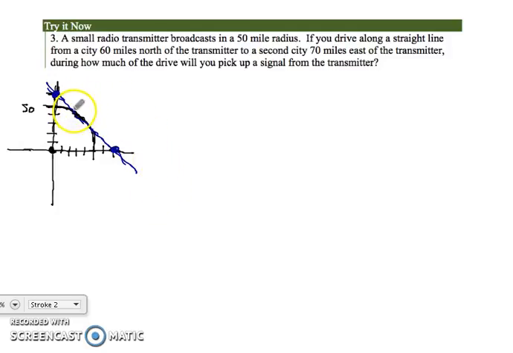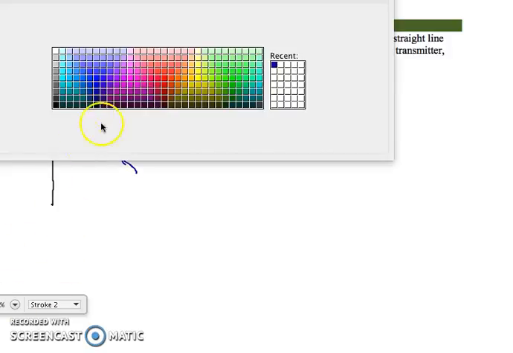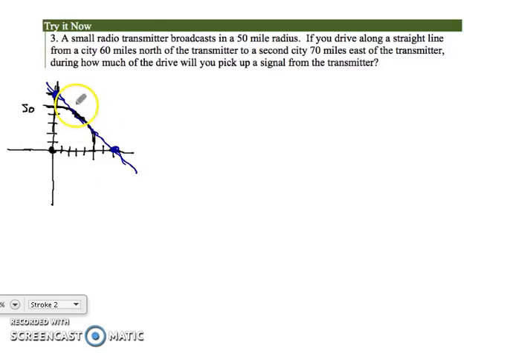So in other words, I'll just pick another color here. I'm hitting the reception of the radio transmitter here, and it looks like I'm leaving it right here. So it's during this period of the drive that I can get that radio station. That's the important part of the question that they're asking.